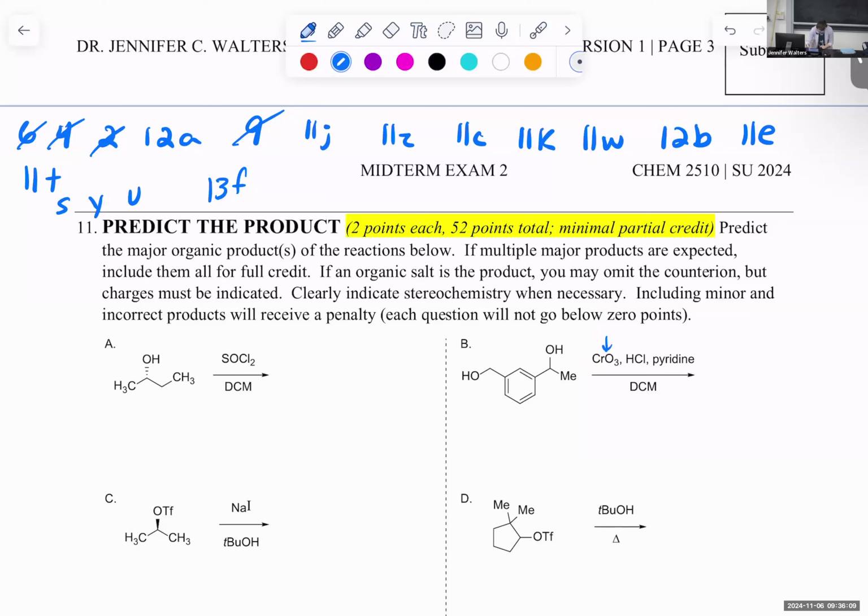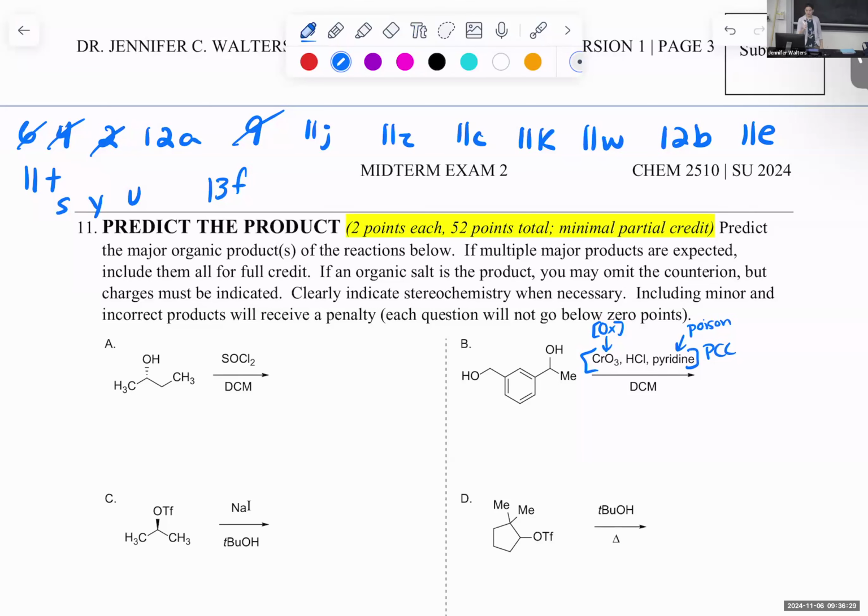So that was my trigger there, is I'm going to oxidize things. Then I see pyridine. Remember, pyridine is my poison. So this combination is PCC.